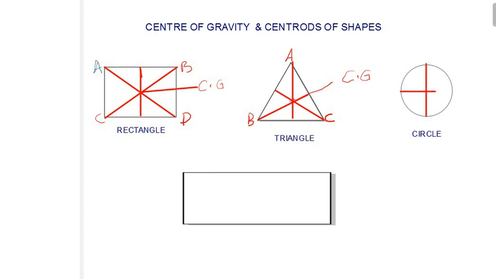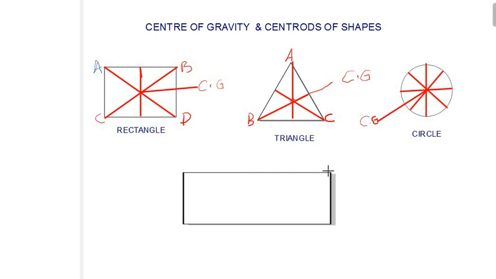So from this point to this point, from wherever point we decide to go, we expect that the center of gravity is at the center. So this point is known as the CG of this circle.